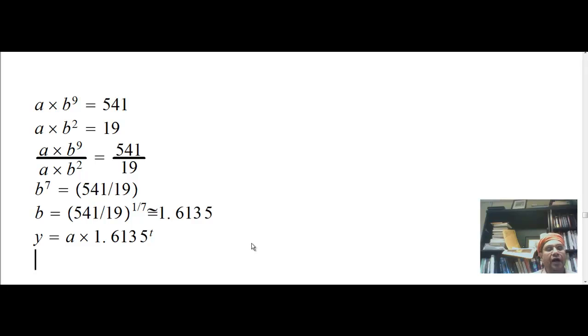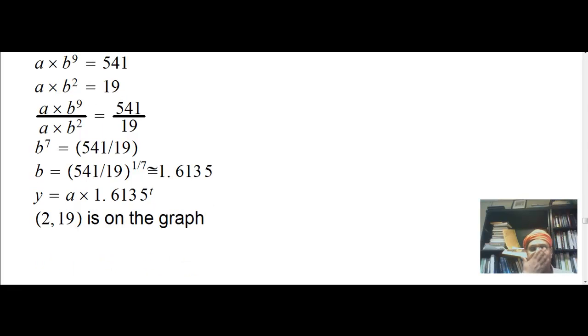Now we can use either of the points. I can use (2, 19) or I can use (9, 541). Both of them are going to give us the same answer. So let's use the easy one, (2, 19), which is on the graph, meaning it satisfies the equation.